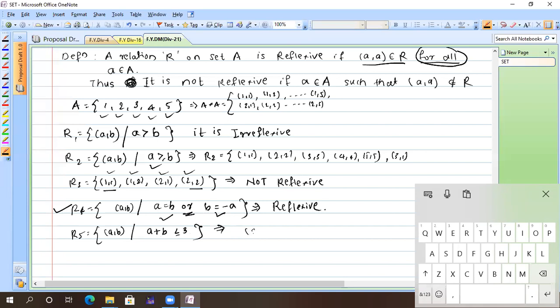Similarly 3 comma 3, or 4 comma 4, and I don't know how many other elements do not belong to R. Therefore, it is not reflexive, or sometimes it is called irreflexive.